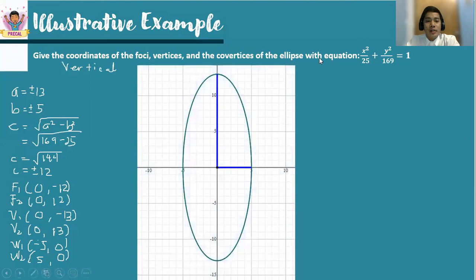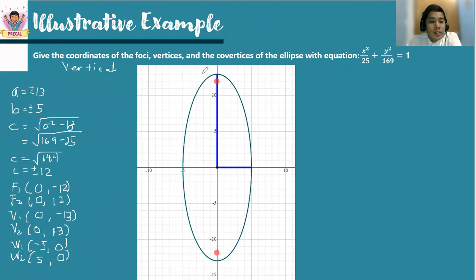So this is now a sample graph. So let us locate all those points. The foci are 0, negative 12 and 0, 12. So maybe they are located somewhere here. Oh, I use a different color. Here. And then 0, 12 here.